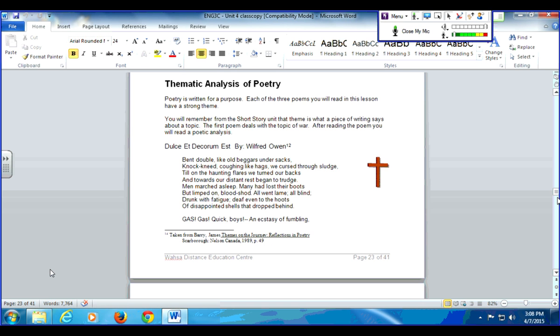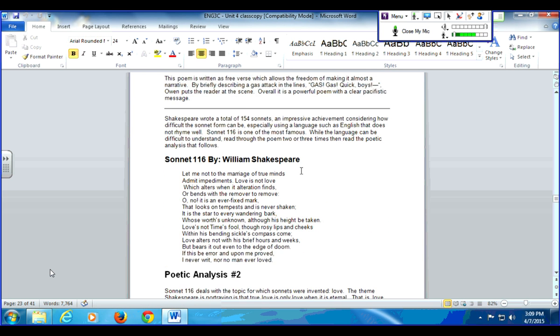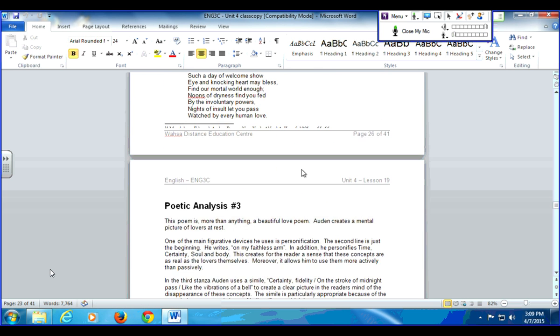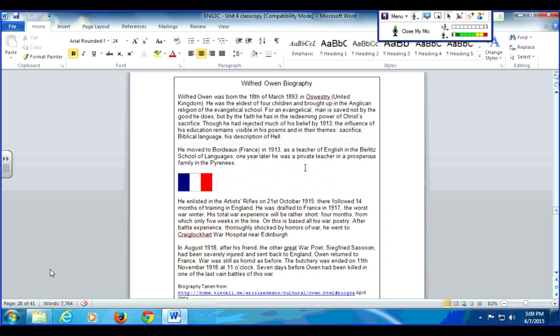And what we're going to do is look at each of these poets and the poem that's printed in our unit, as well as a couple of their other poems. As you can see, different styles and different examples from these exact same poets. So we're going to flip back down to page 28, where we see a biography of Wilfred Owen.